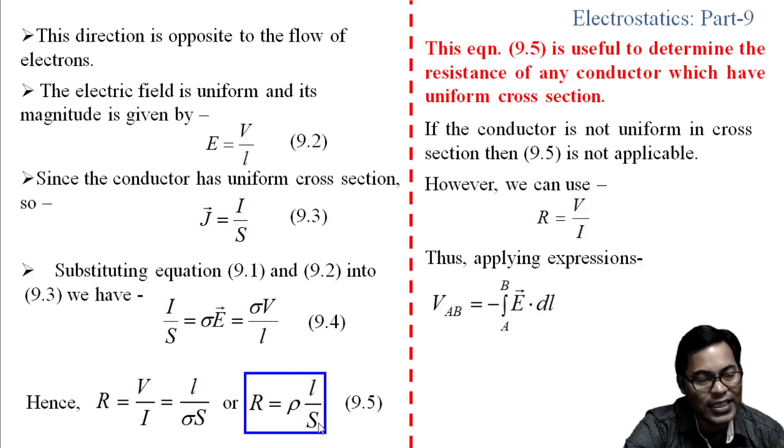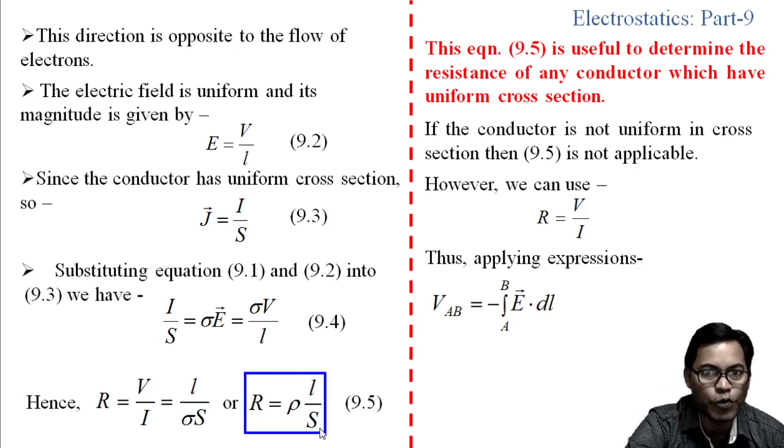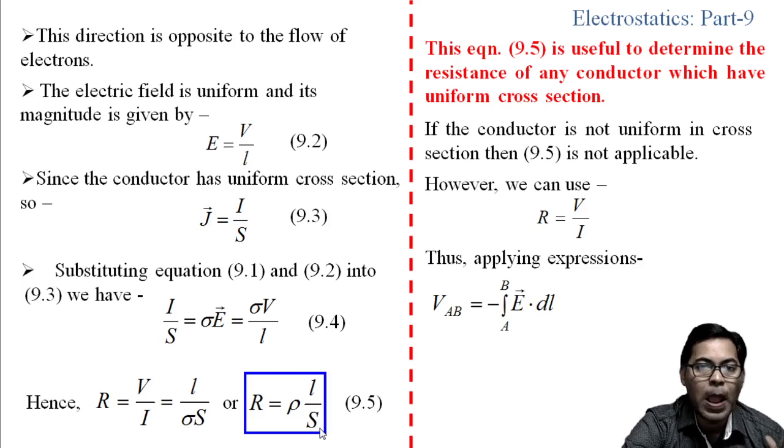The resistance of a material is equal to rho, the resistivity, into the length of the material divided by the cross section of the material. And this equation is useful to determine the resistance provided the cross section of the material is uniform.